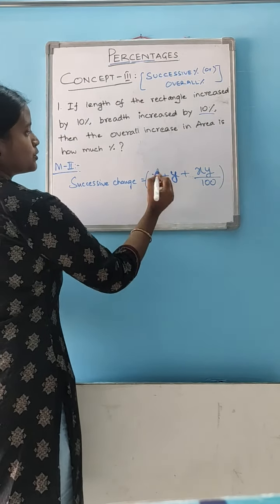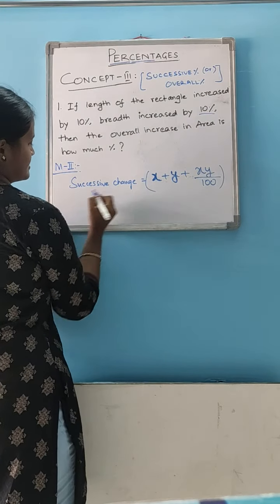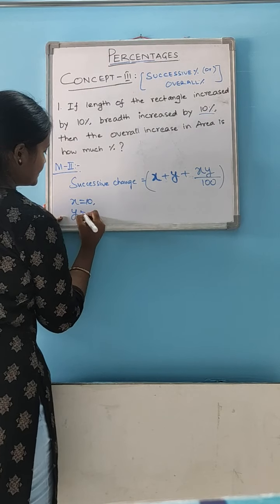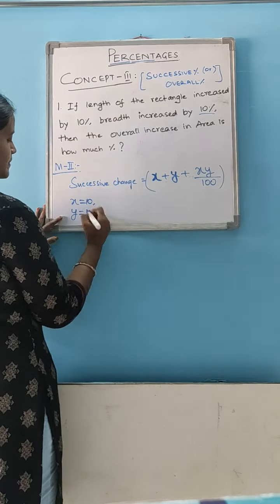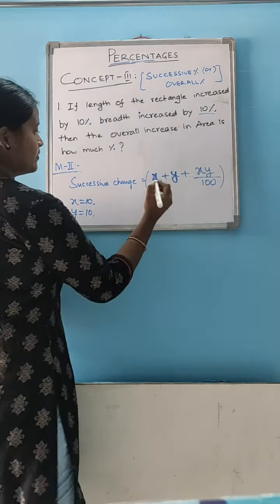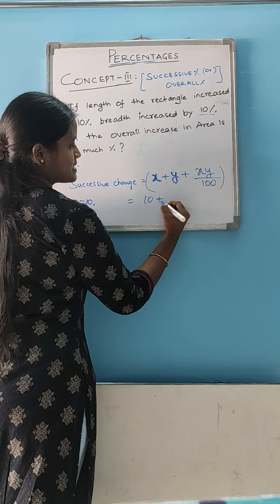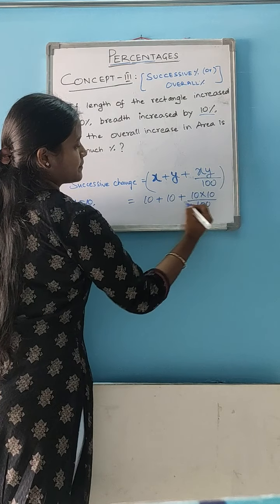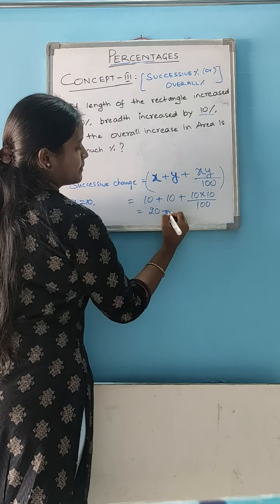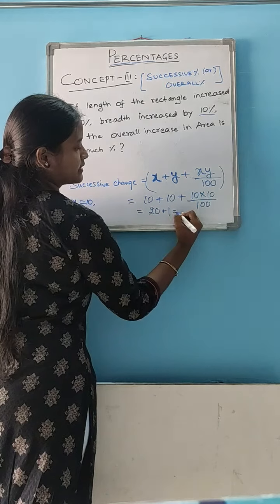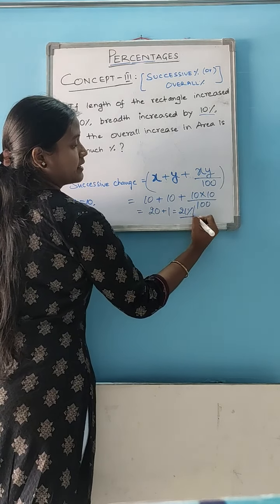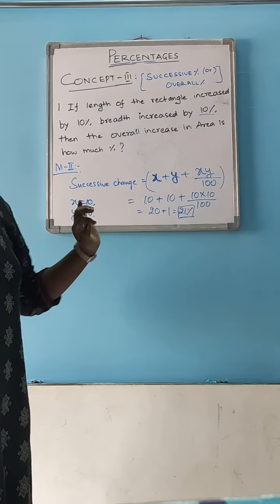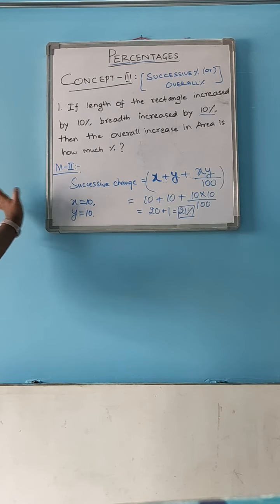We have to take x as 10 because length increased by 10%, and breadth increased by 10%, so y is also 10. We will substitute here 10 plus 10 plus 10 into 10 by 100. That is 10 plus 10 is 20, plus 100 by 100 is 1. That is total 21. Any method you will get the same answer. Here also successive change is 21%. This is method 2.